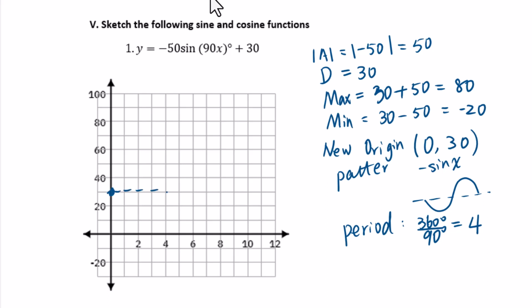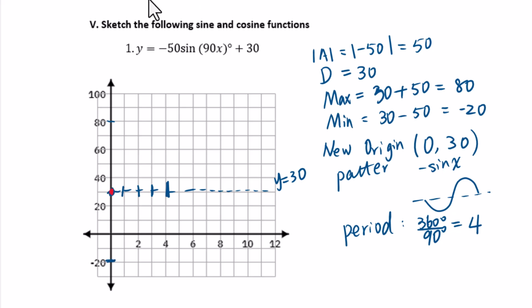Draw the midline, y equals 30. On the midline, we will find the period from the new origin, 4. Then half, half, half. Maximum is 80 here. Minimum, negative 20, is here.